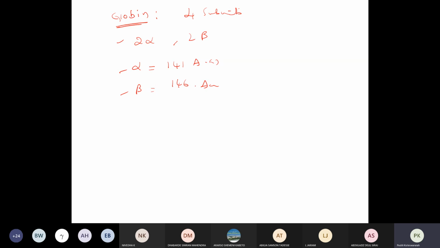Since it is a tetramer, it has two alpha subunits, 141 into 2, that is equal to 282 amino acids, and two beta subunits, 146 into 2, that is equal to 292 amino acids. In total, it has 574 amino acid residues in the globin part of the hemoglobin molecule.